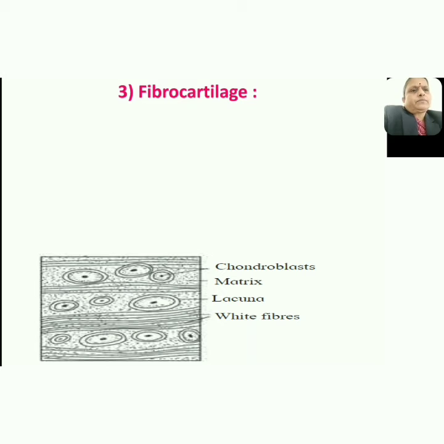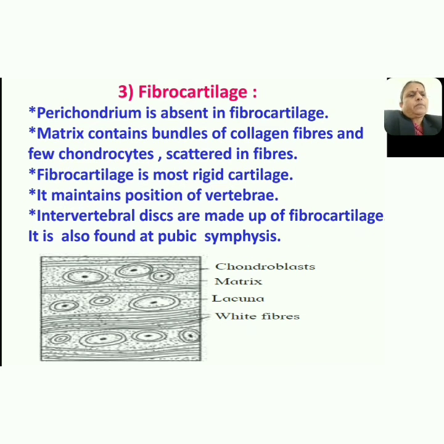Fibrocartilage, third one. Perichondrium is absent in the fibrocartilage. Matrix contains a bundle of collagen fibers, that is white fibers. They contain few chondrocytes and also fibers. Fibrocartilage is the most rigid cartilage.